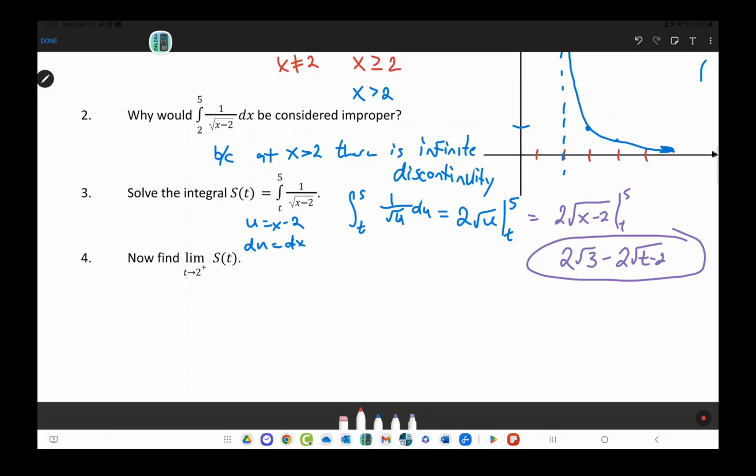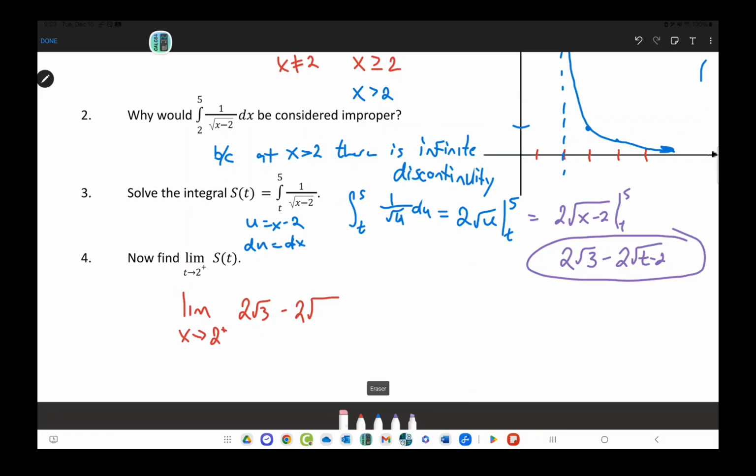So the limit as t approaches 2 from the right of s(t), which is my answer here, 2 square root of 3 minus 2 square root of, well, in this case, it's t, not x.